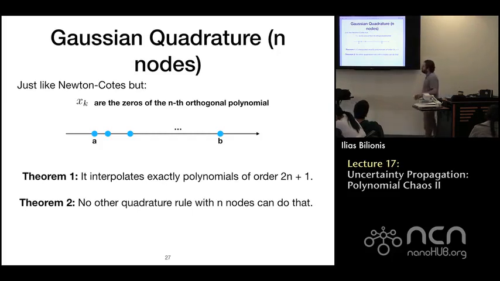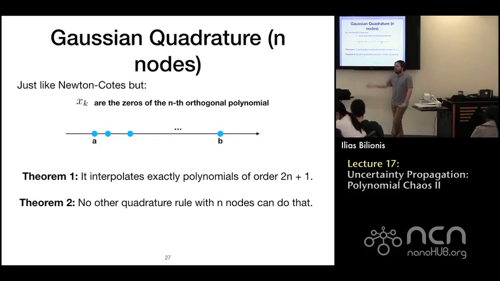But forget about that because it would really take us 3 weeks of polynomial chaos to do that, and it doesn't really matter. The only difference in the Gaussian quadrature is the selection of the nodes, nothing else. Everything else is just like the Newton-Cotes rule. You build the Lagrange interpolant and you integrate that.